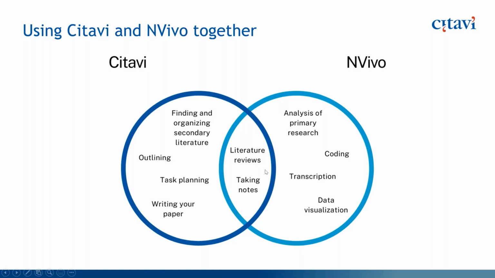It's just maybe a little bit of a different focus. So with Citavi, you can go through and excerpt quotations or take notes on an article, and NVivo gives you some extra tools for that. So you can do some automated analysis that lets you pull out themes across the literature. So it's a little bit of a different feature set for both.